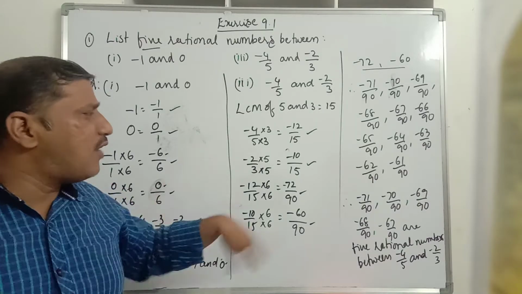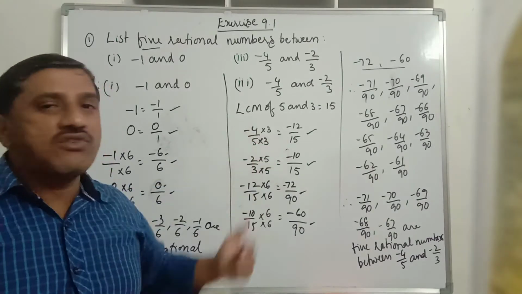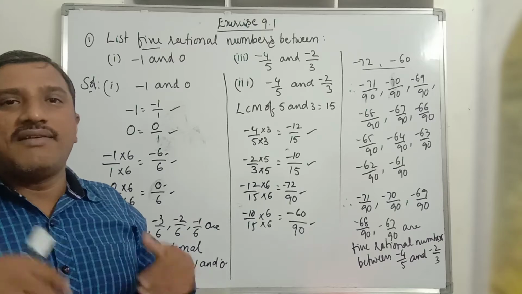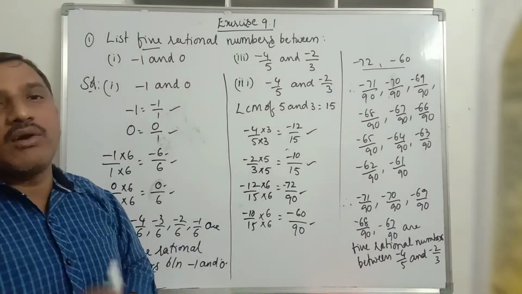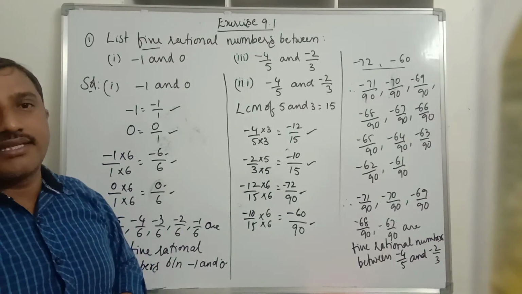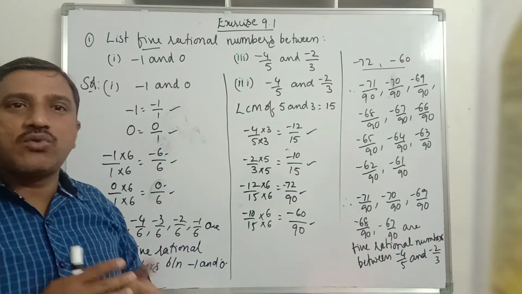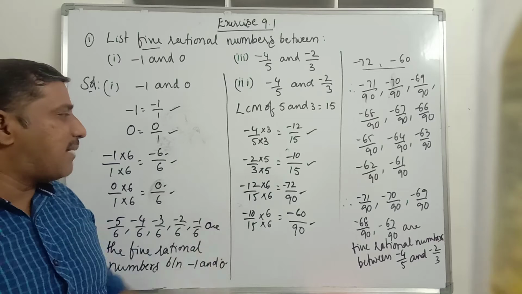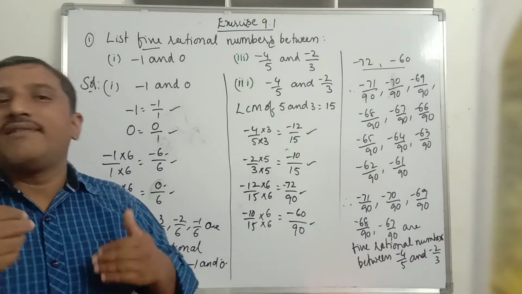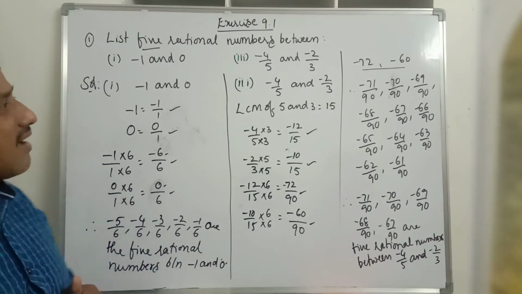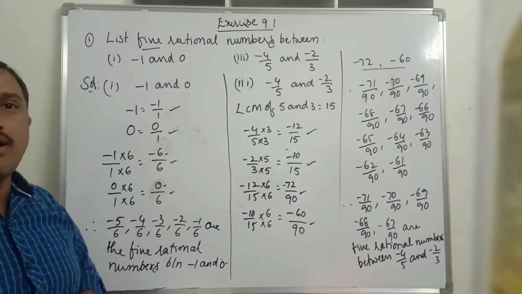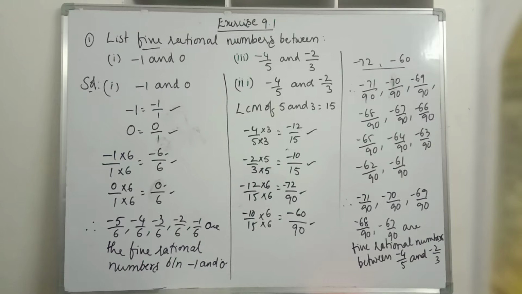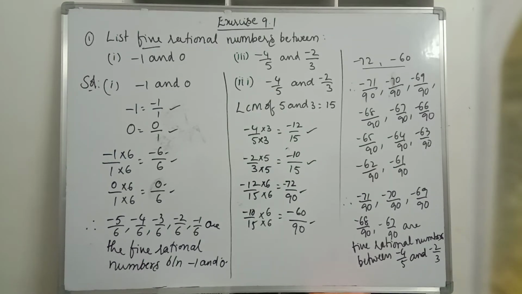If not, then multiply the rational numbers with some integer. If they are asking for 5 rational numbers, take 1 more, which is 6. If they are asking for 2 rational numbers, 1 more is 3. Multiply both numerator and denominator with 3. We will get the required number of rational numbers between any two rational numbers. Is it clear, children? Yes.